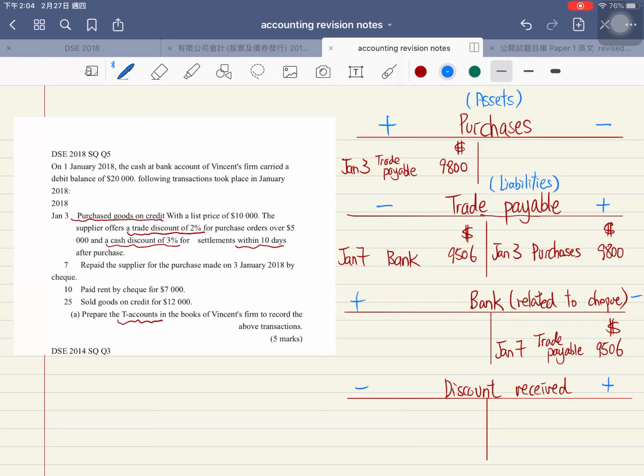So how much we enjoy the discount from our supplier is 3% of 9,800. It's 294. So January 7, trade payable, discount received.